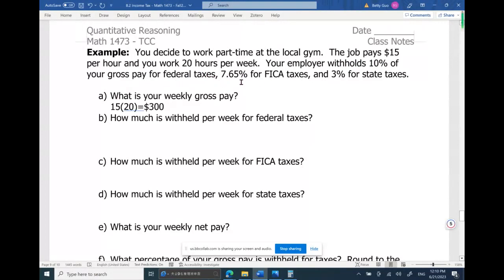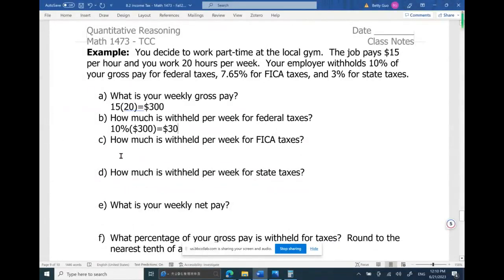So we use 10% to multiply by your weekly gross pay, $300. So the money withheld for federal income tax is going to be $30.